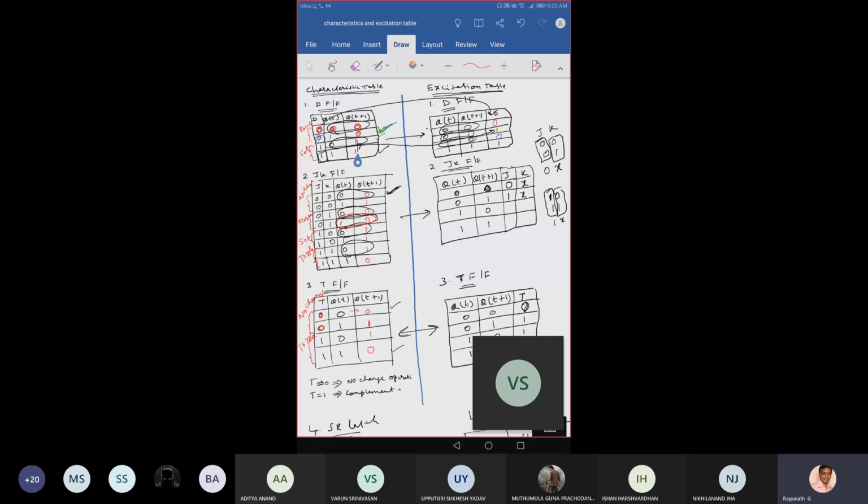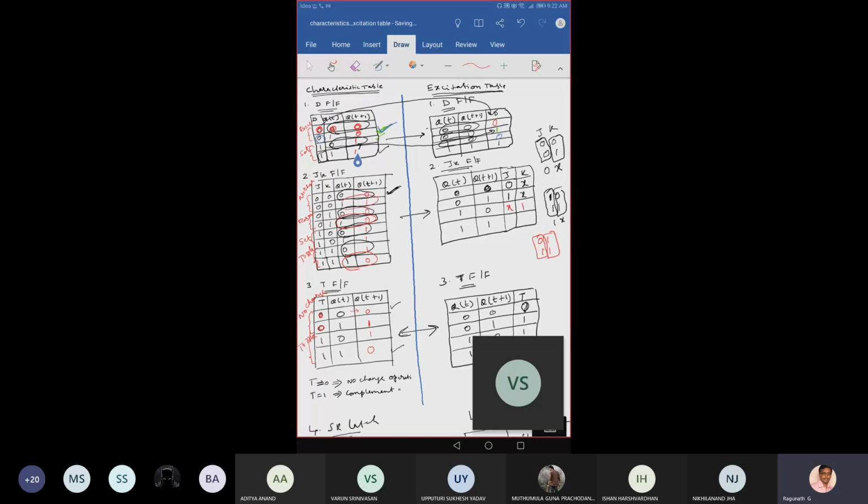What is that value? 0, 1, X. And next combination 1, 0. Here, 1, 0. So this is 1, 1. So what is the value of J and what is the value of K? X, 1. Yes, you are correct. And similarly for the 1, 1.